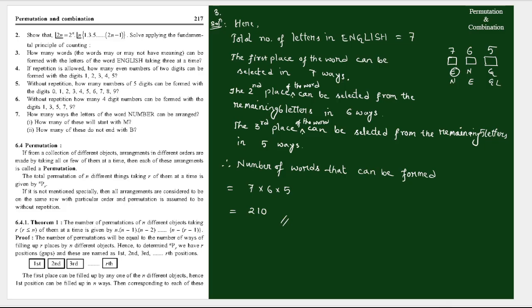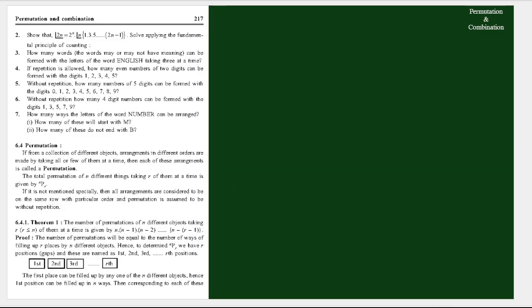Now let's proceed to question number 4. What is question number 4? If repetition is allowed, here earlier repetition was not allowed.